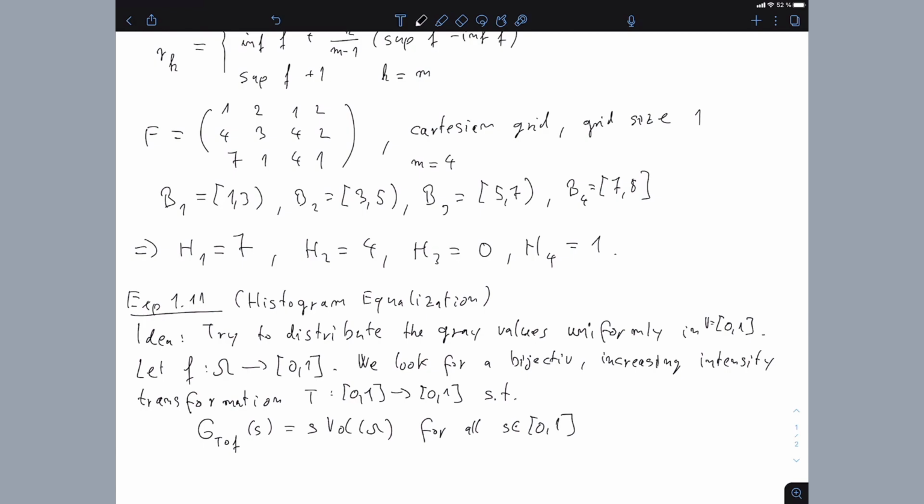We want it to increase linearly, and the slope is just the volume, because if we plug in 1 here, since f has values smaller than or equal to 1, the value for s equal to 1 is the volume of the entire domain, because it just captures the entire domain.